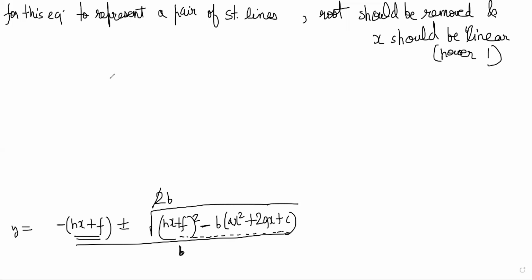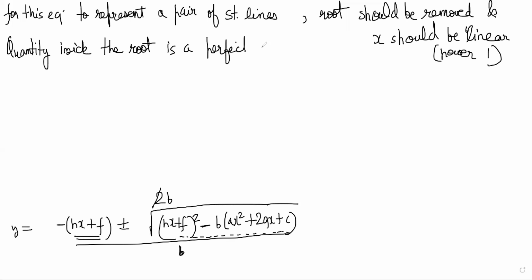So the only way that happens is if the quantity inside the root is a perfect square, right? How?